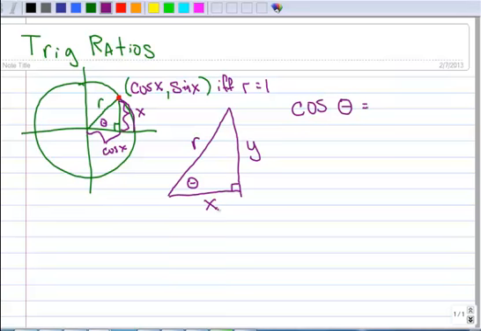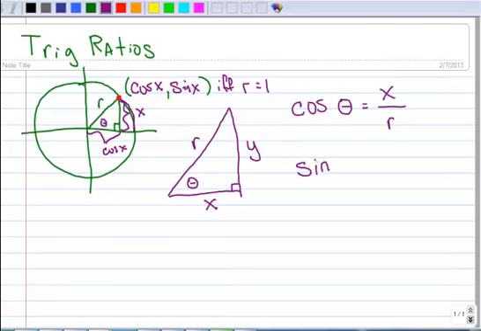Well, that's the x-coordinate, and if this was a unit circle, that r would be 1, and we can divide that by r, because r is not 1 in this circle. It could be 1 but doesn't have to be 1. So we can divide that by r, and that's the definition of the cosine of theta.